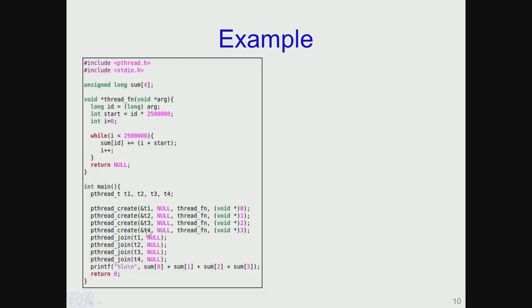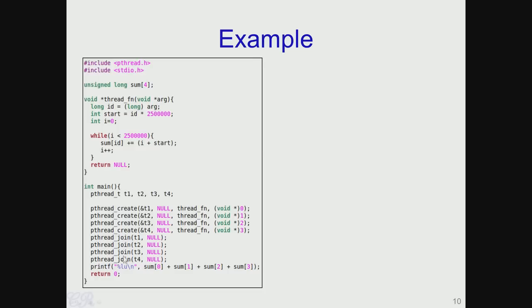T3 and T4. So, while this process is going on in the 4 threads, that is, while this loop, which takes a considerably long time, is being executed by the 4 threads independently, what the main thread does is, after creating the 4 threads, it will invoke join.